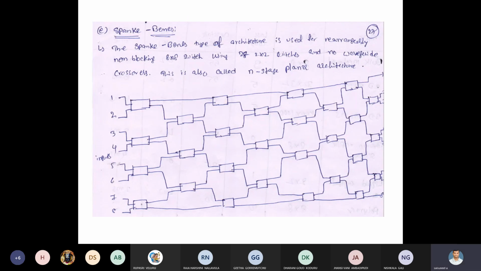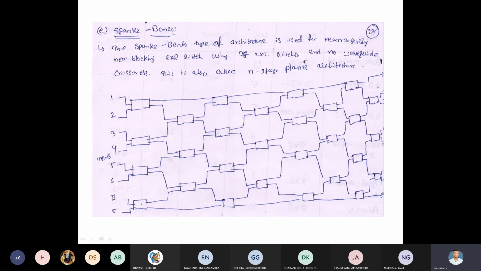Next, Spanke and Benes network. That is, we implement both the Spanke network and the Benes network in a single architecture. Why are we going for a combination of these two? Just rearranging the Spanke network by using Benes. Here also we are using 8x8. The number of stages is equal to 8: 1, 2, 3, 4, 5, 6, 7, 8. 8 stages are required to connect from input to output.